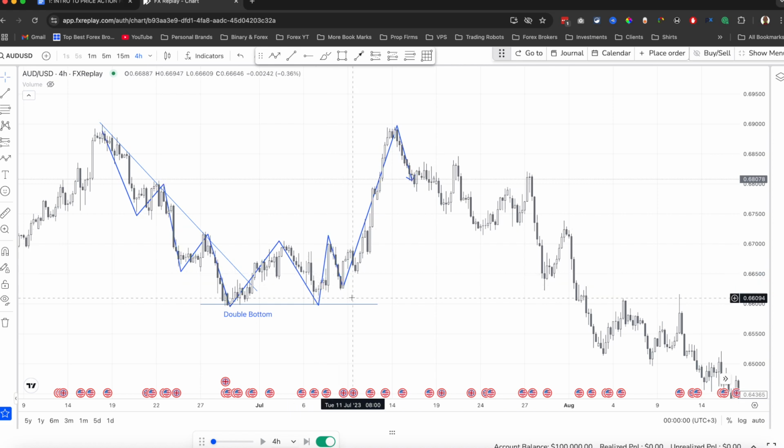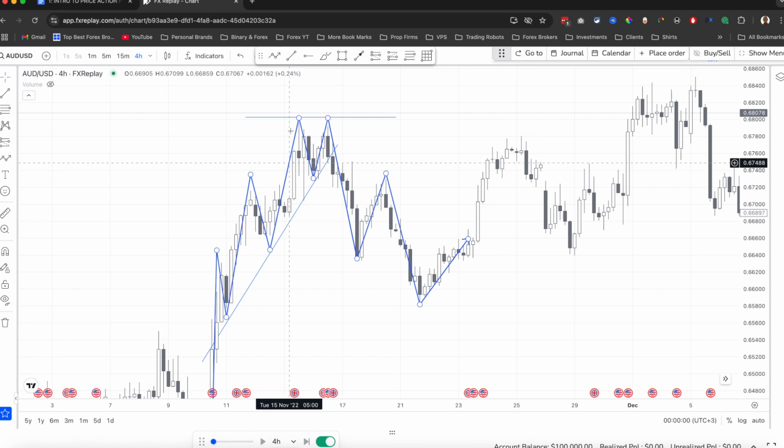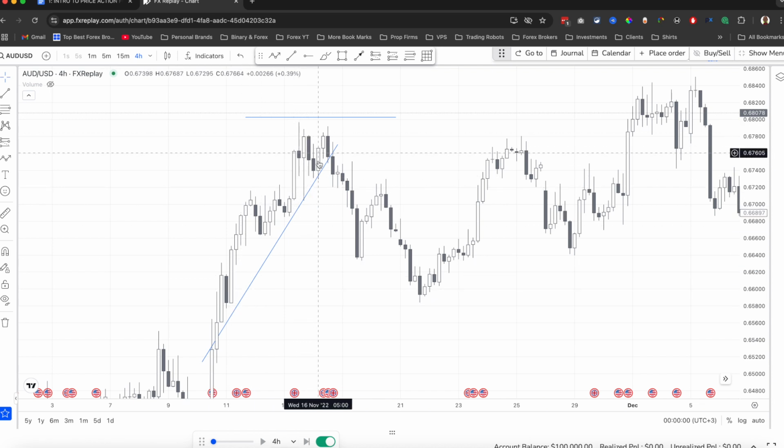You look for buys. For the double top, you see the price was trending up, and after a break of this trend line, the price went down. So after a break of this trend line and showing us a double top here, then we look for sells. Remove this, and you see after the break of this trend line, now we look for our sells.